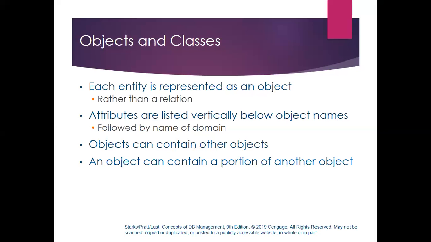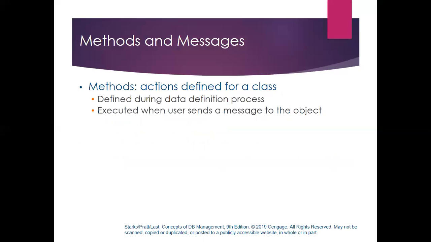An object can contain a portion of another object. Methods and messages. Methods are the actions defined for a class. Methods are defined during the data definition process. The steps in a method are executed when a user sends a message to the object.